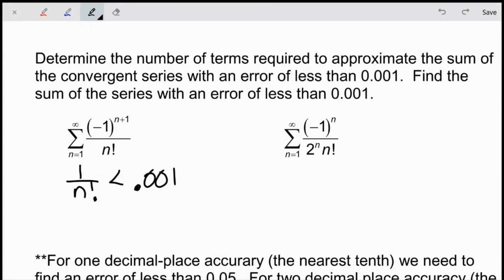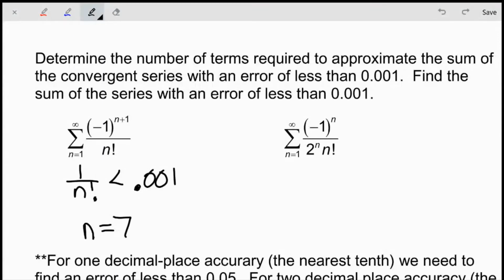When you solve this out, this is something we're just going to do on the calculator, and I'll go through this a little bit in class just to clarify. But the main thing is I can just enter 1 over n factorial as a function, and then look at the table in the calculator and figure out at what n value I'm smaller than 0.001. It turns out for this one, n equals 7 gives me a number that is less than 0.001.